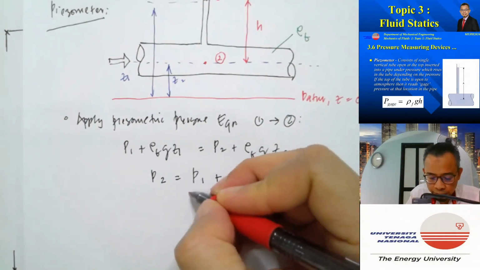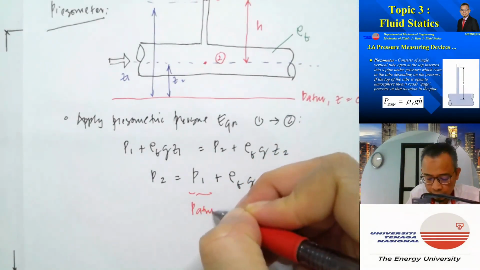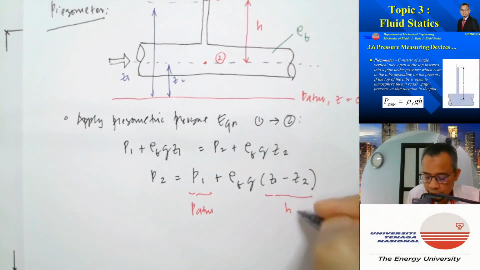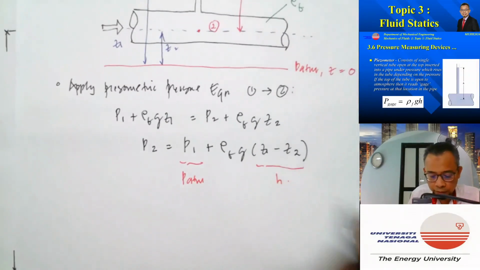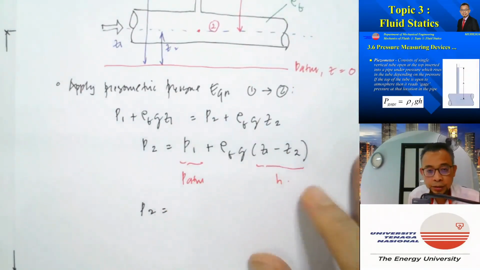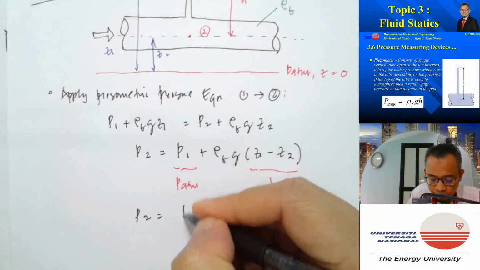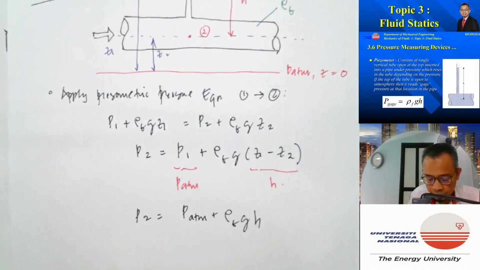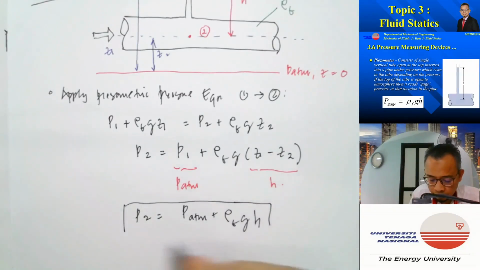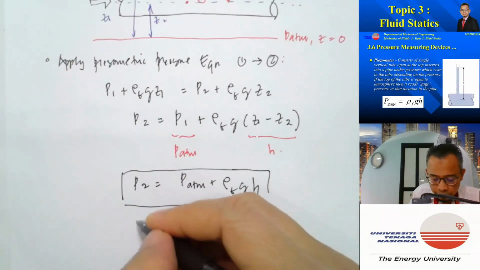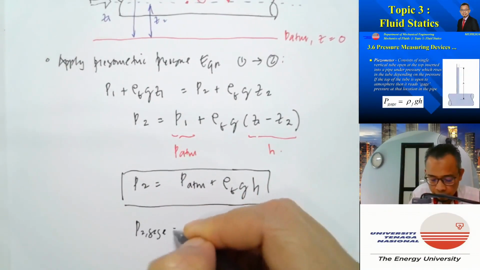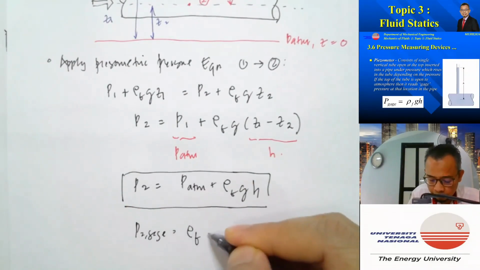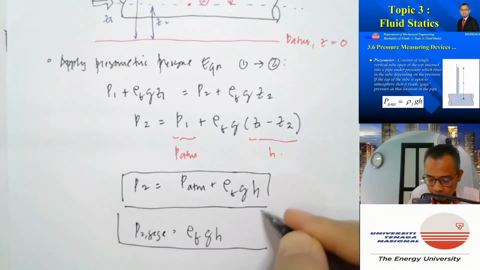P1 is actually equal to PATM, and Z1 minus Z2 is equal to this H. So we can write P2, which is the pressure inside the pipe, is equal to PATM plus rho fluid GH, or the gauge pressure P2 gauge, which is equal to P2 minus PATM, is equal to rho FGH.